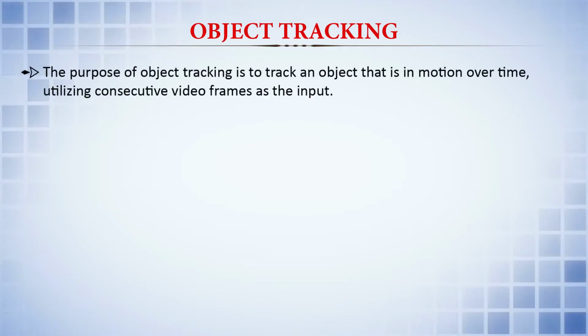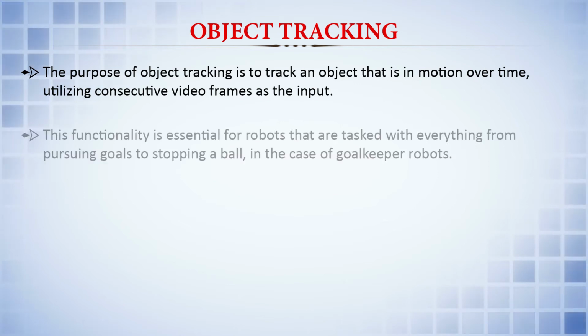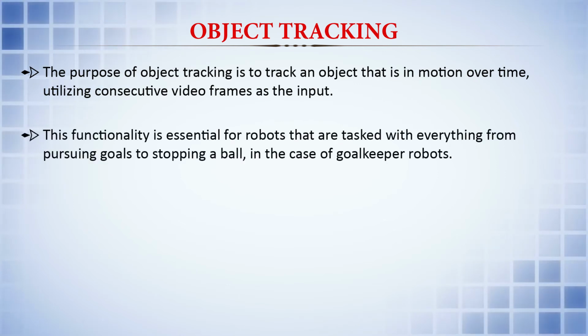So, the other task that we can discuss is object tracking. As the name itself says, the purpose of object tracking is to track an object that is in motion over time, utilizing consecutive video frames as the input. This functionality is essential for robots that are tasked with everything from pursuing goals to stopping a ball, in the case of a goalkeeper, suppose the goalkeeper is a robot.